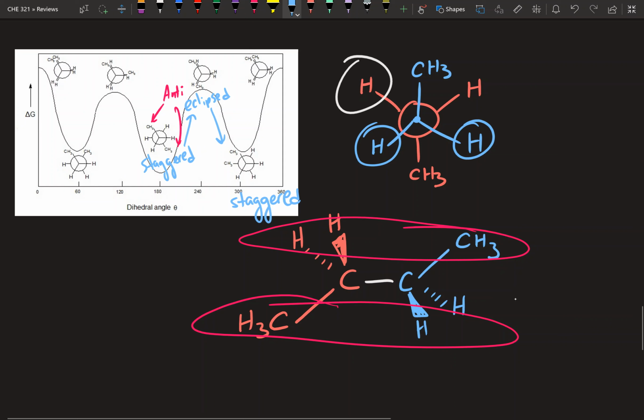In this case, again, we're just rotating that back carbon, so we can look at it in terms of the CH3 over here. It's now going to be positioned right there. So if you look, here it is now. Because this is staggered, it is now going to be lower energy than the eclipsed conformation, because there's simply less overlap between the atoms, so we're not going to have as much of an energy cost.